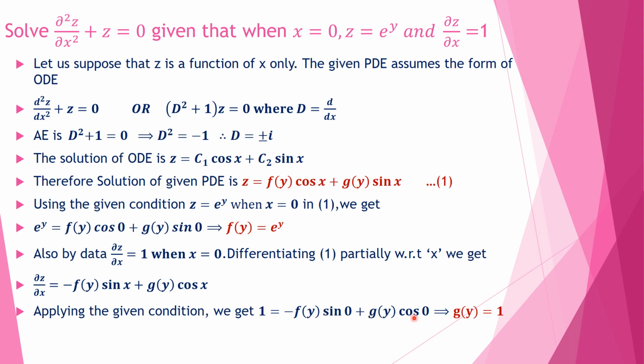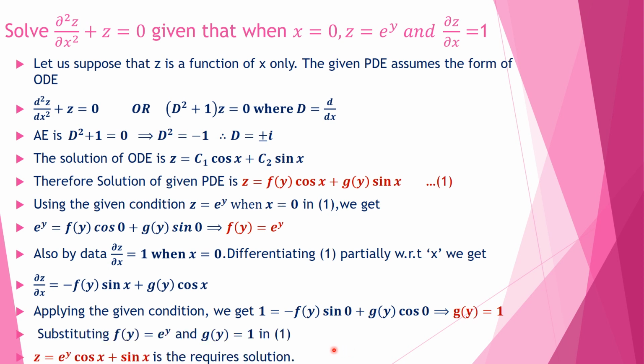Since we know that cos 0 is 1 and sin 0 is 0, we get g of y equal to 1. We already got f of y equal to e power y, and now g of y equal to 1. Substituting this in equation number 1, we will get the required solution, that is z is equal to e power y cos x plus sin x.